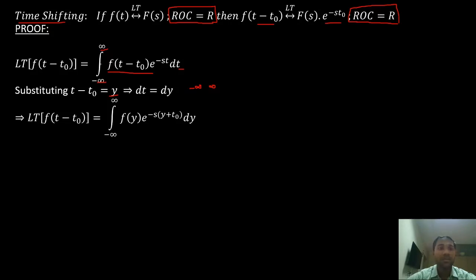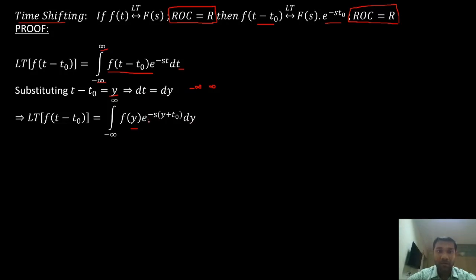So my limits here are not changing when I change the variable from t to y. So my Laplace transform is nothing but minus infinity to infinity, no change in the limits. f of t minus t naught is now f of y, and e power minus s. So in place of t, I can write y plus t naught, and dt is equal to dy. So I can write dy.